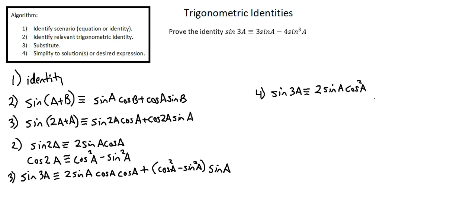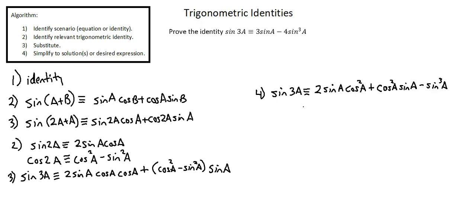Our next term will distribute sine a to get to plus the first term inside the brackets, cosine a squared times sine a, distributing sine a, will give us cosine a squared sine a. The second term in the brackets, minus sine squared a, distributing the sine a outside of the brackets, will give us minus sine a cubed.